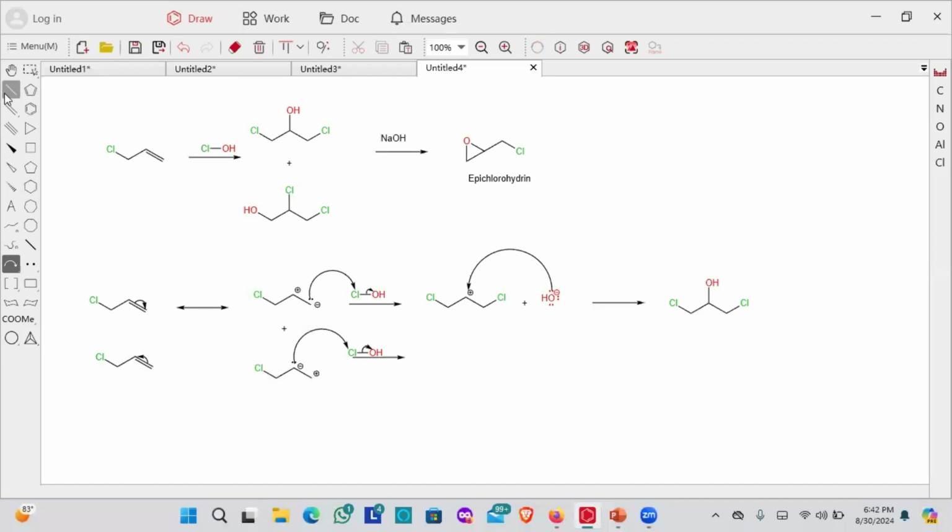And so we're going to end up with this as the product. The primary carbocation would be looking like this. And of course, we would have the OH minus as well here.